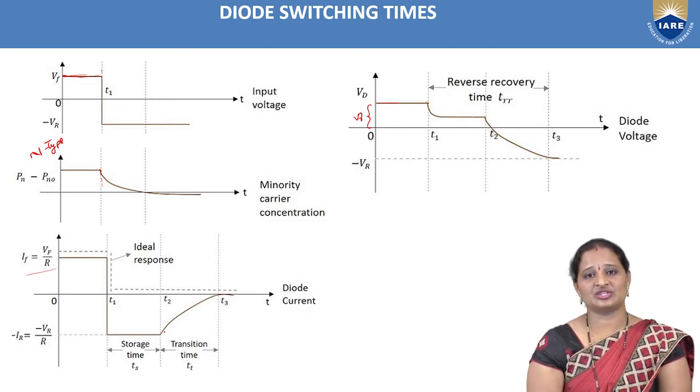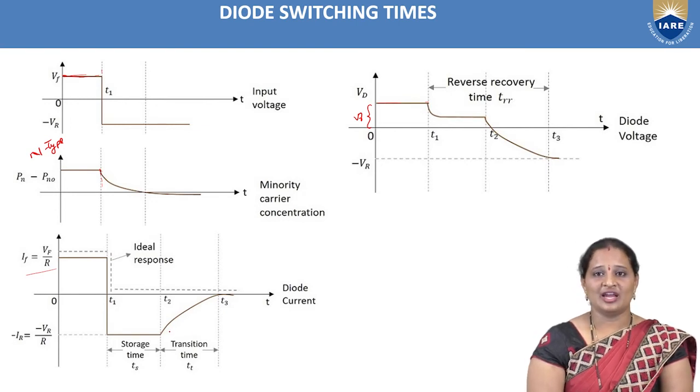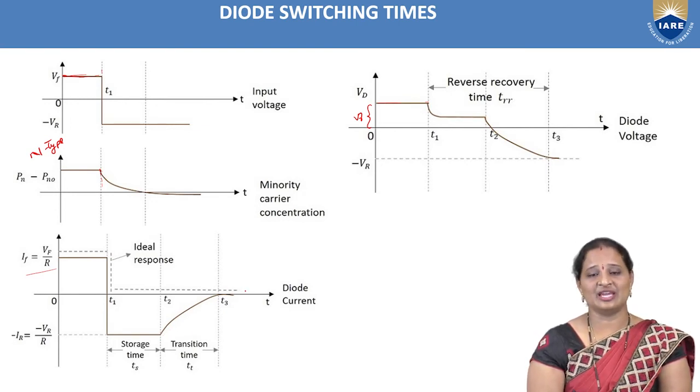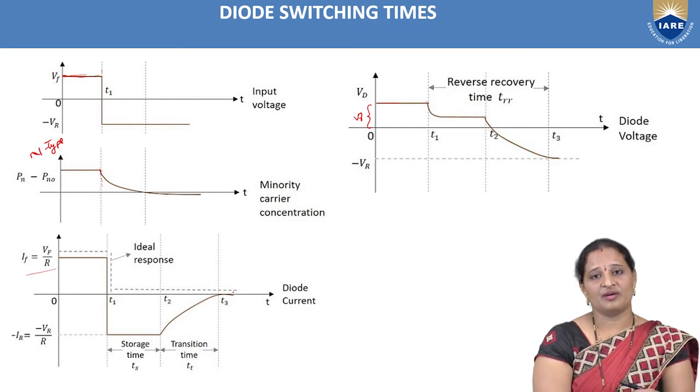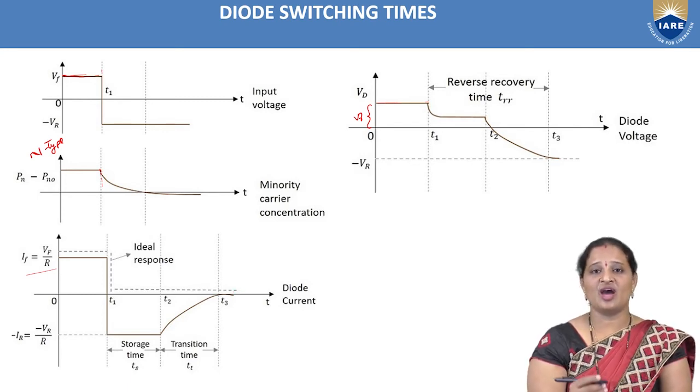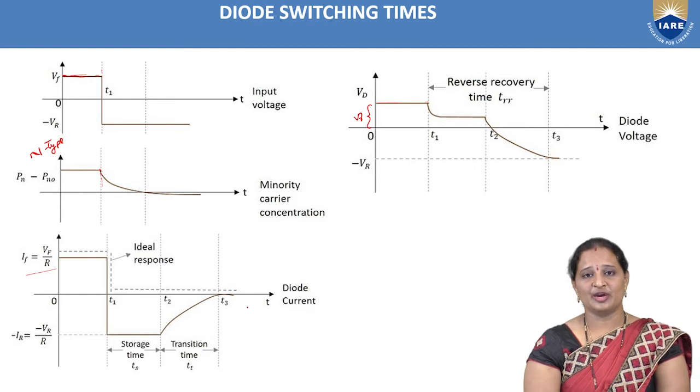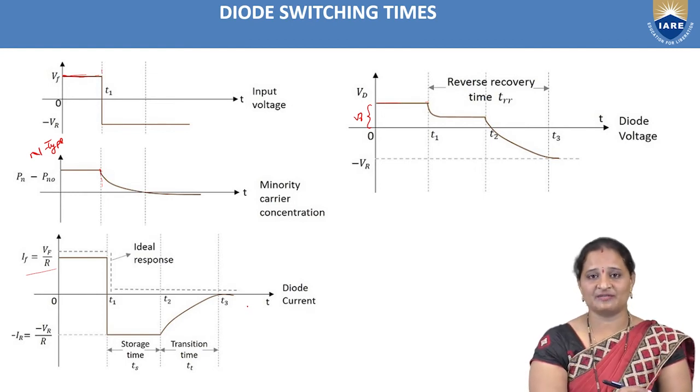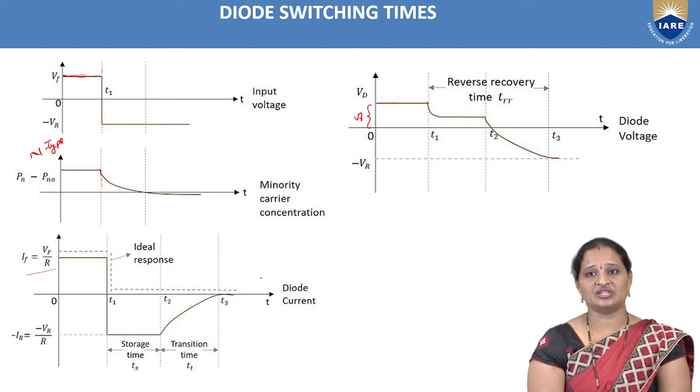Once the minority charge carrier concentration is removed, the diode is now reverse biased, and it will take some time to reach its steady state reverse bias condition. The time required for the diode to reach the steady state reverse bias condition is called the transition time.